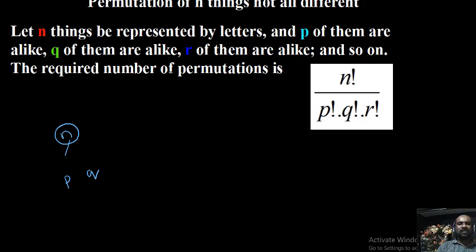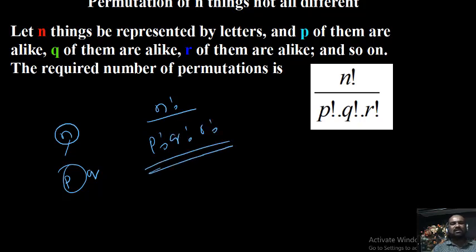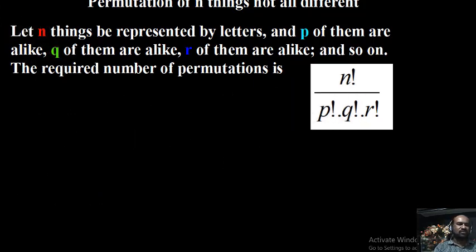Then the number of required permutations is n factorial by p factorial into q factorial into r factorial. This is the generalized formula. For example, listen students.